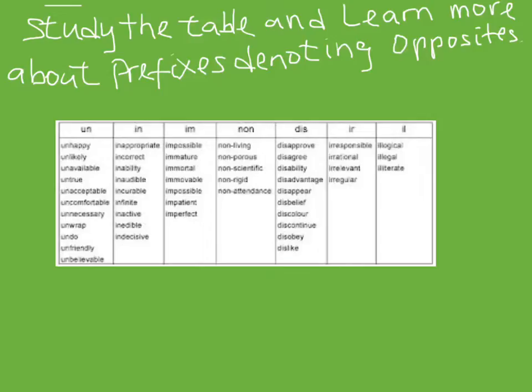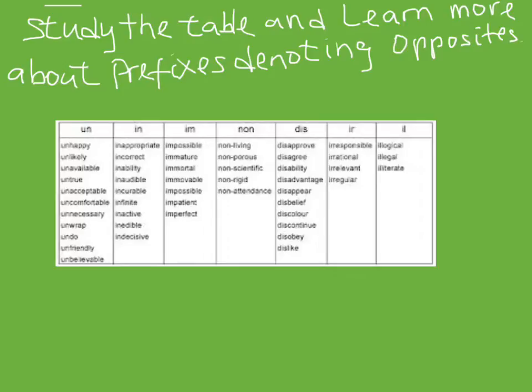And for the prefix im, we have impossible, immature, immortal, immovable, impatient, and imperfect. And for the prefix non, we have non-living as in non-living organism, non-porous, non-scientific, non-rigid, and non-attendance.